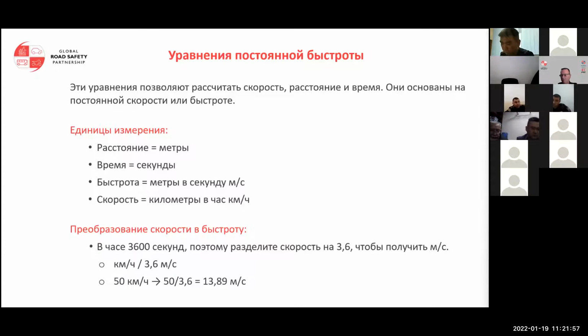To calculate velocity, we take our speed in kilometers per hour divided by 3.6. So 50 kilometers per hour divided by 3.6 equals 13.89 meters per second. What we're doing is converting speed to velocity.